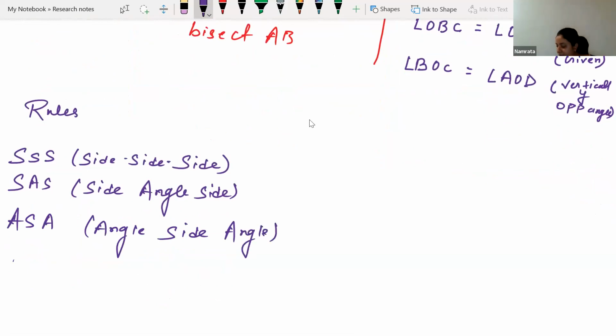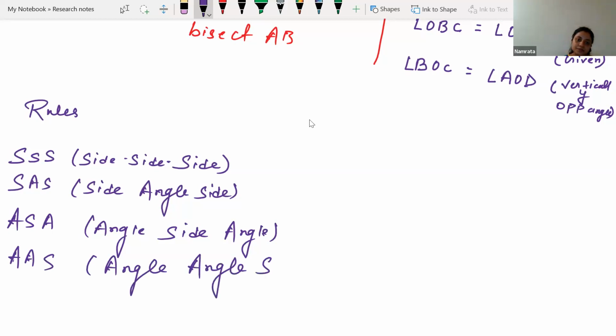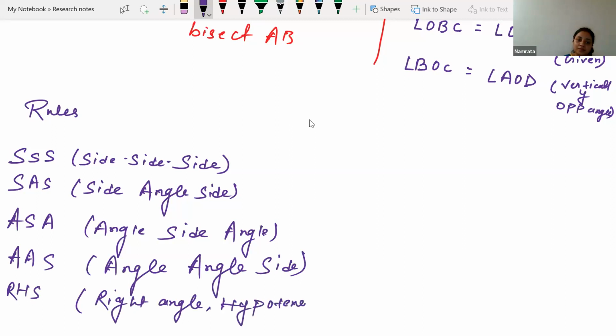After that, we are having angle angle side. And the next one we are having RHS, that is right angle, hypotenuse, and one of the side.